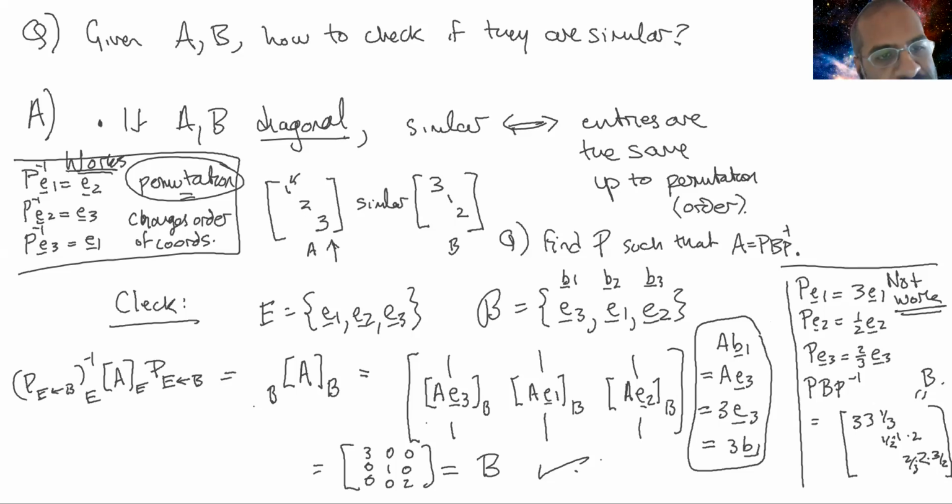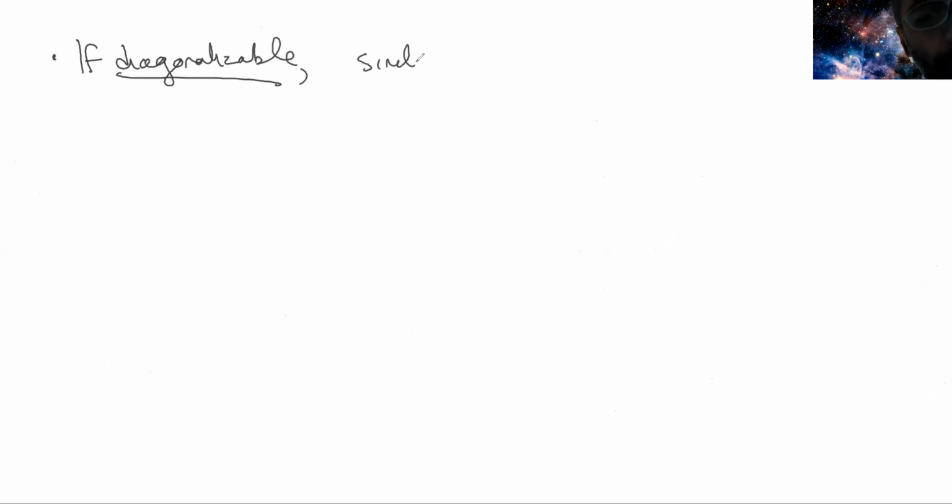Okay, so for diagonal matrices, they're similar if and only if they have the same entries up to permutation. I won't prove this. If and only if they have the same characteristic polynomial.